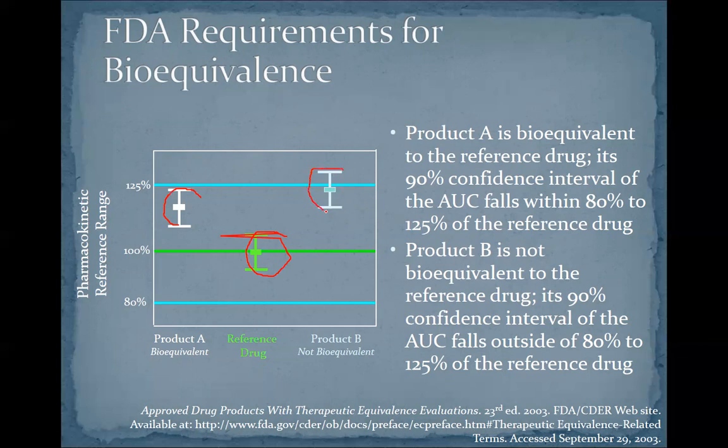That means that this particular product is not bioequivalent. And product B, which has a level up to 125%, is bioequivalent. So even if this was somewhere around 85%, it would have been an acceptable level of a bioequivalent drug.